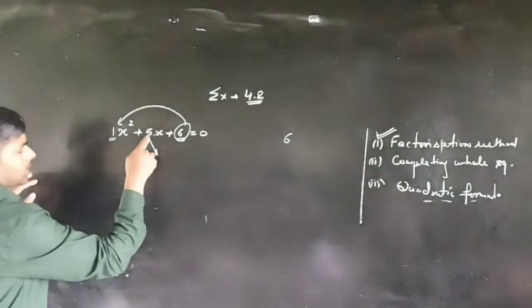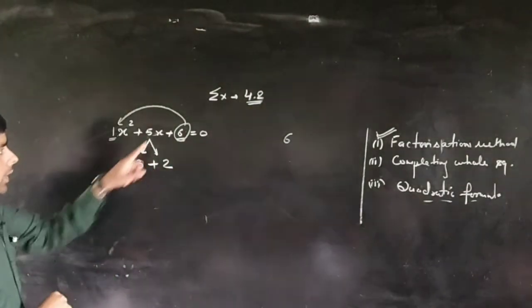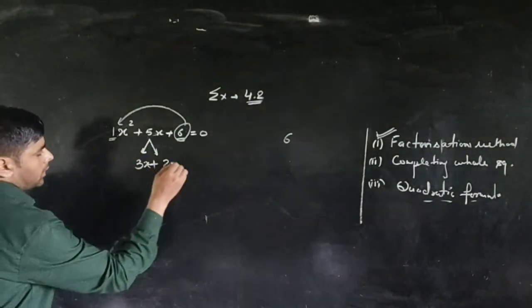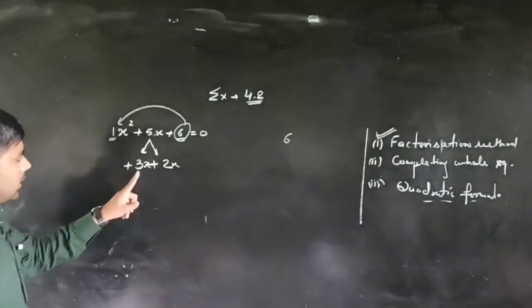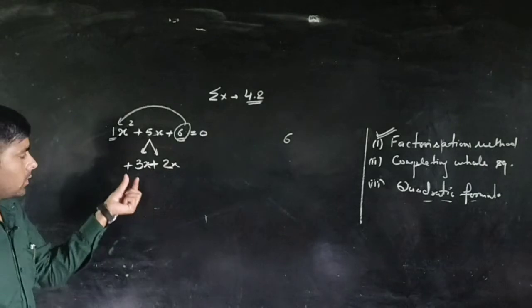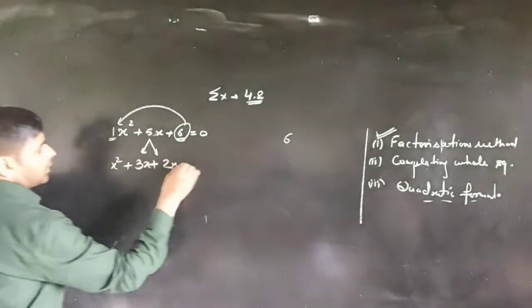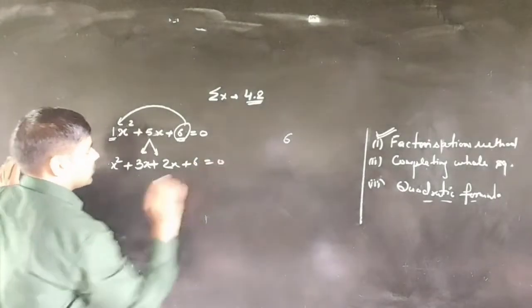Now we can write 5 as 3 plus 2, because 3 times 2 is 6 and 3 plus 2 is 5. So x square plus 3x plus 2x plus 6 is equal to 0.